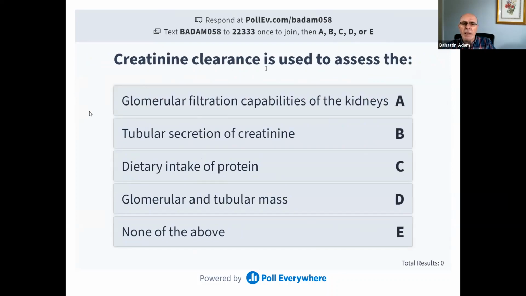Creatinine clearance is used to assess which function of the kidney?